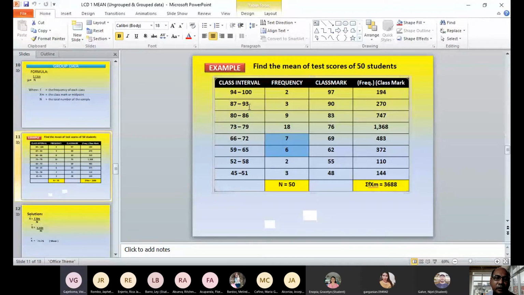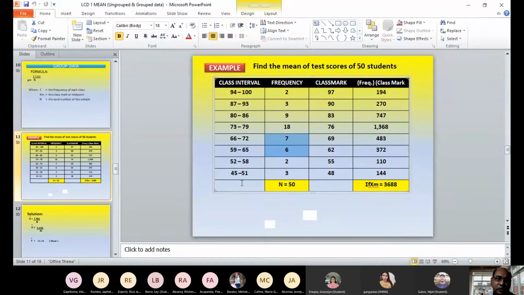Then 87 to 93. The second class is 3. 80 to 86 is 9, and so on and so forth. So the lowest score is 45. Wala nang score below 45.